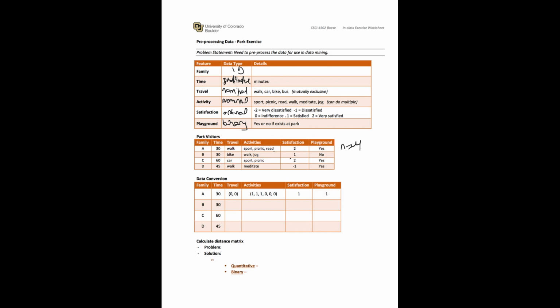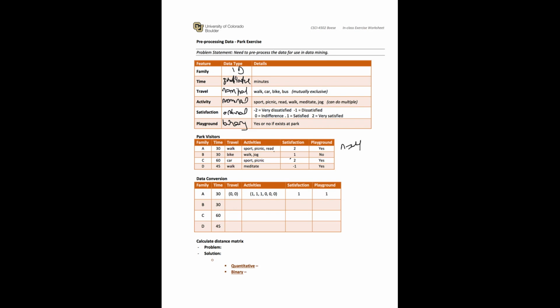Now for data conversion, when we first look at these values, the family ID stays the same. The time, for now, is already a number, so it's already numerical, so we're going to keep it the same.